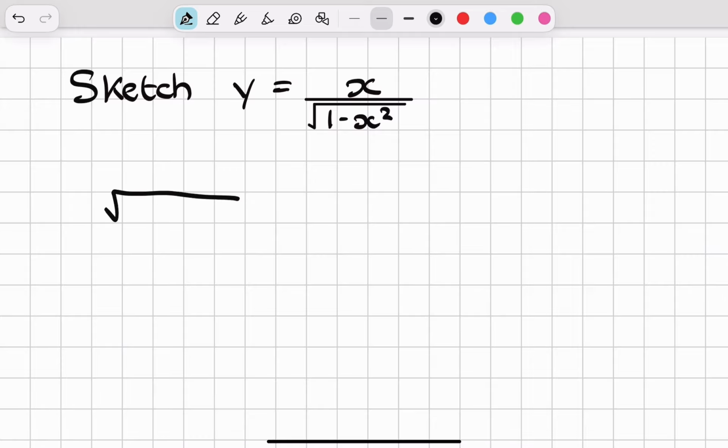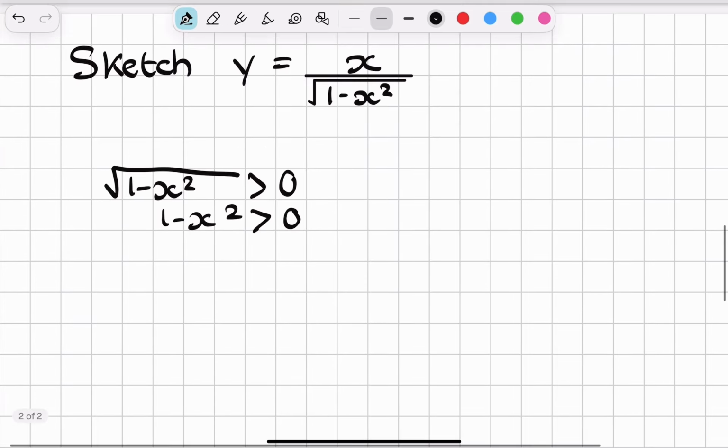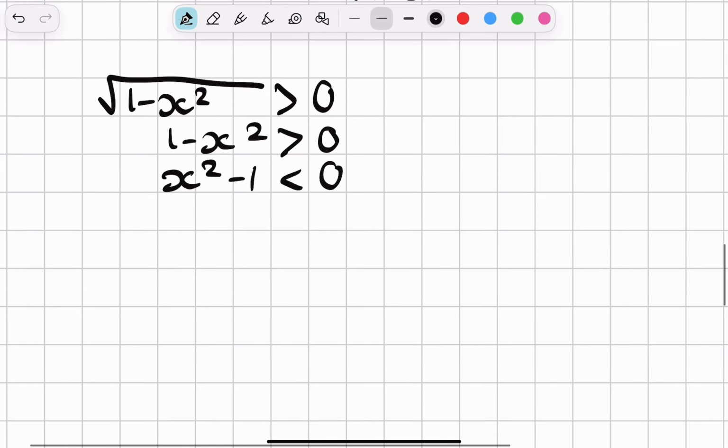So if we have root 1 minus x squared is greater than 0, 1 minus x squared is greater than 0. And if you flip our sign, we've got positive x squared minus 1 is less than 0. Factorize x squared minus 1.